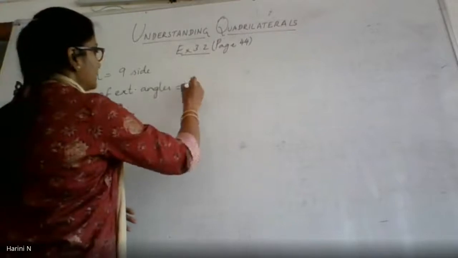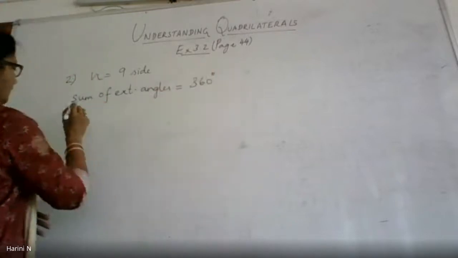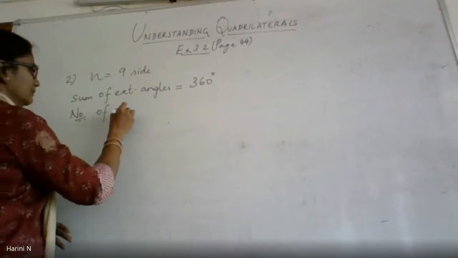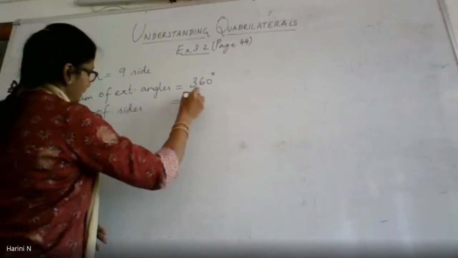Sum of the exterior angles is equal to 360 degrees. Number of sides equals 9.